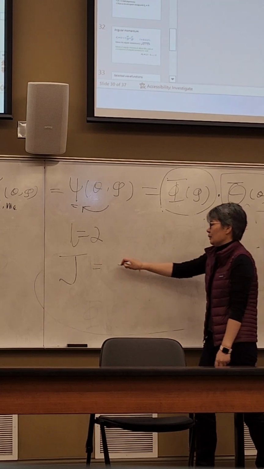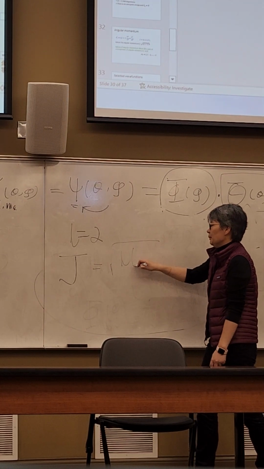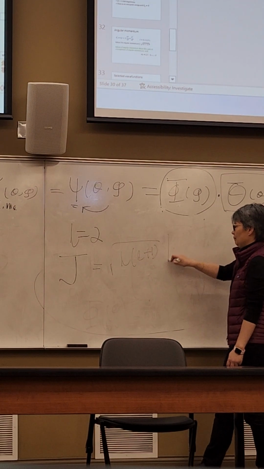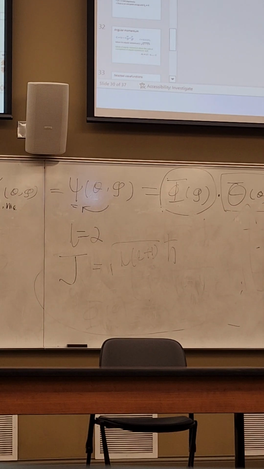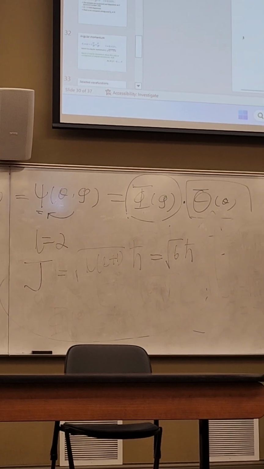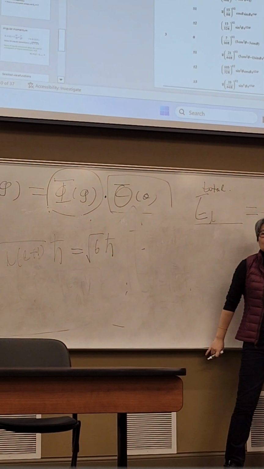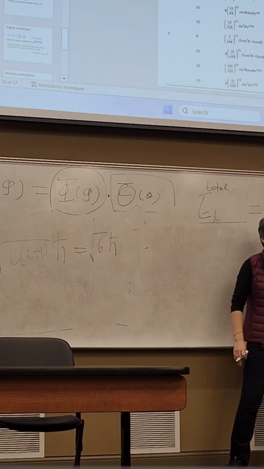That will be the root of the quantum number L times L plus 1, times h bar. Then what do you have? The magnitude is equal to root 6 h bar. That's what you're going to measure.